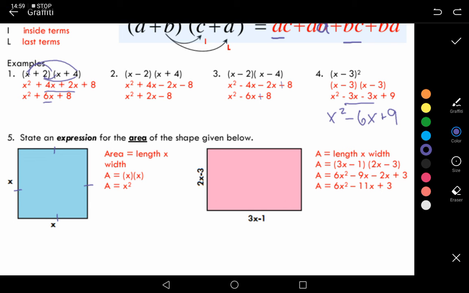Negative 1 times 2x is negative 2x, and negative 1 times negative 3 is 3. Again, don't stop there. Make sure you simplify those like terms. We have 2 x terms there, so we combine the coefficients. Negative 9 minus 2 gives us negative 11.